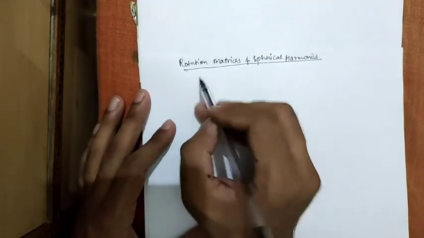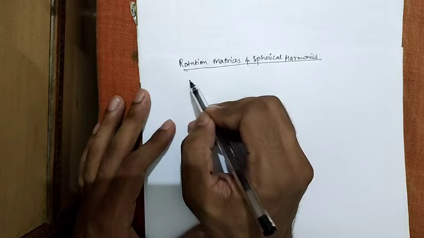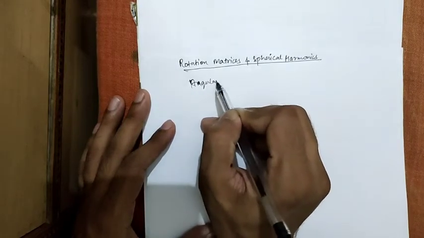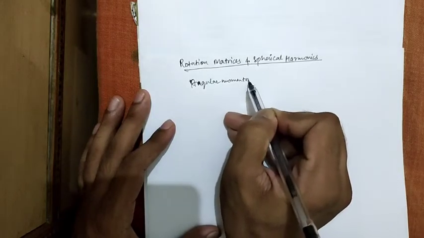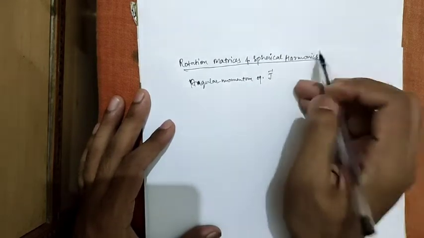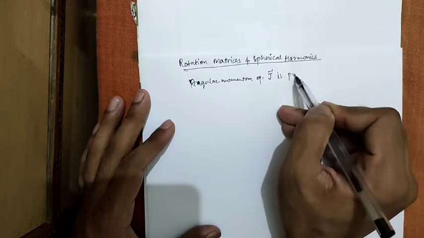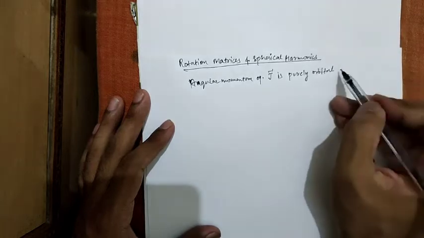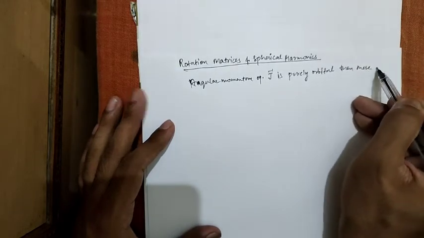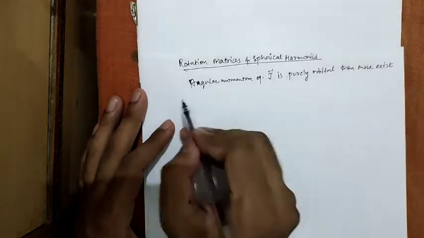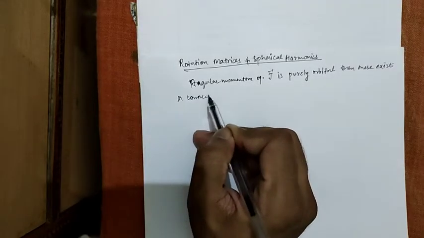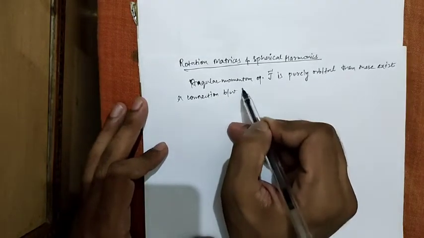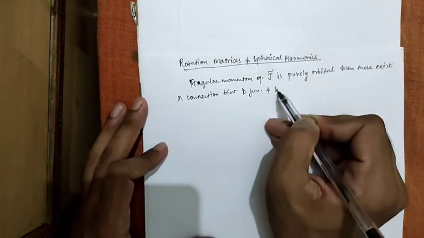In the case where the total angular momentum operator J is purely orbital, then there exists a connection between the D function and spherical harmonics.